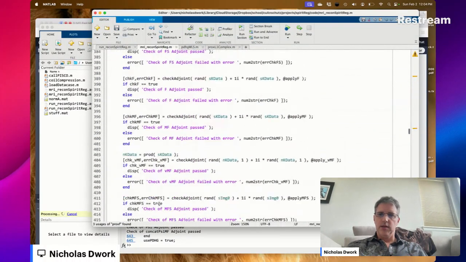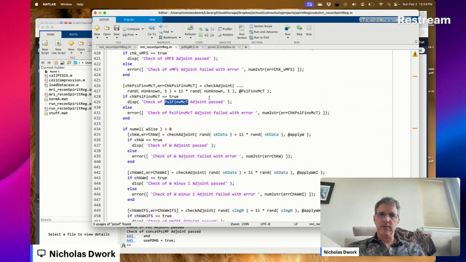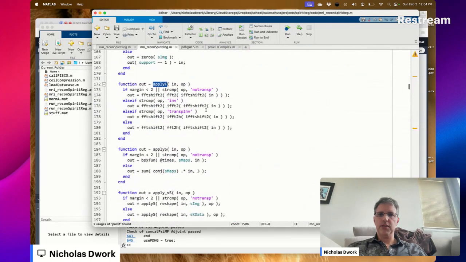What am I doing? So we altered apply F so that you could supply no transpose or transp like before.